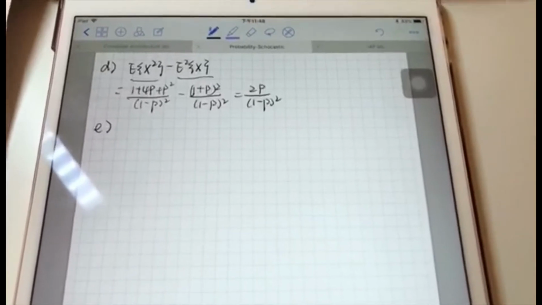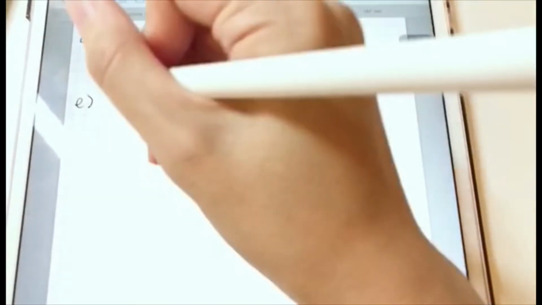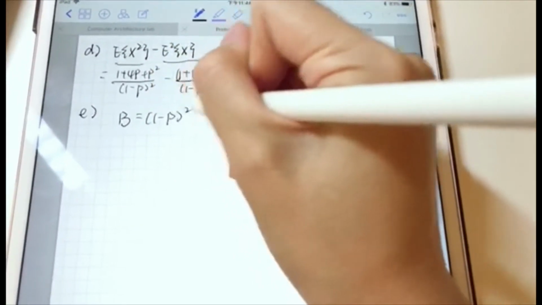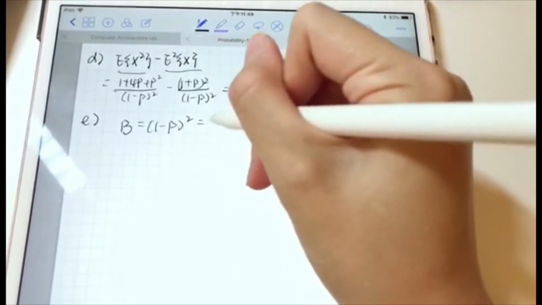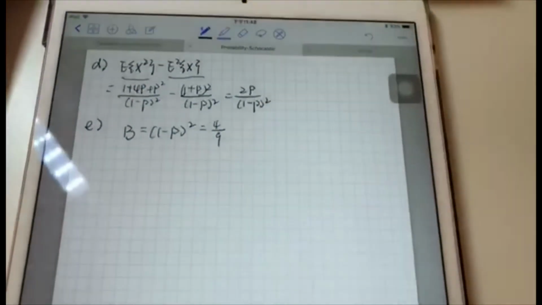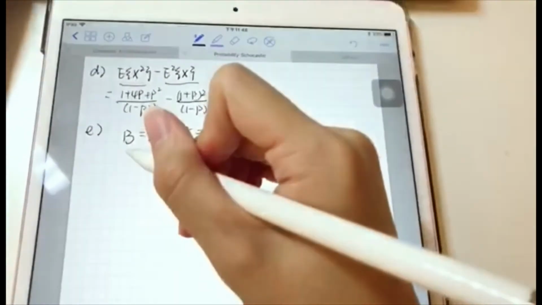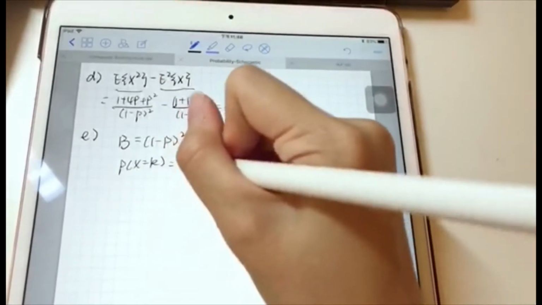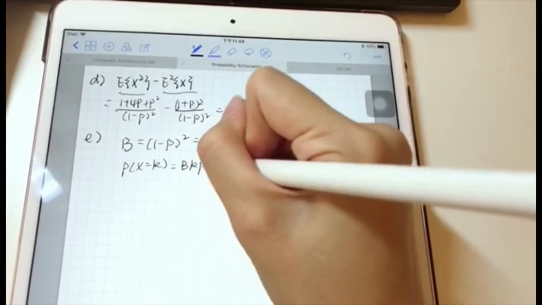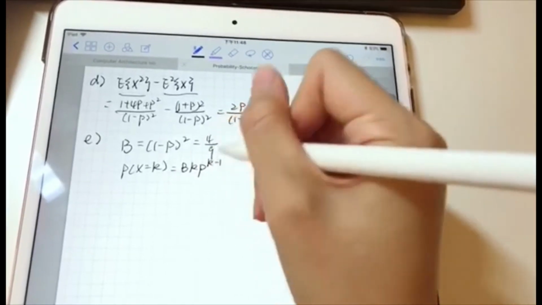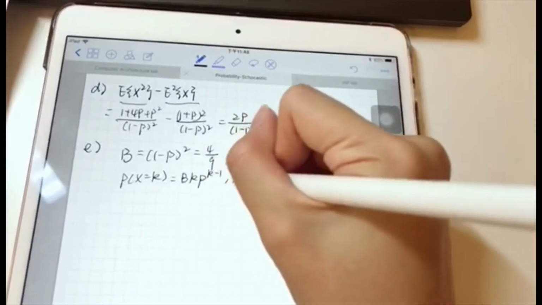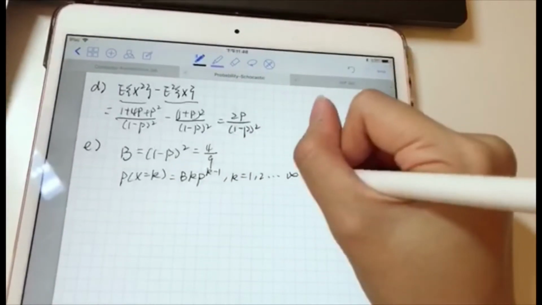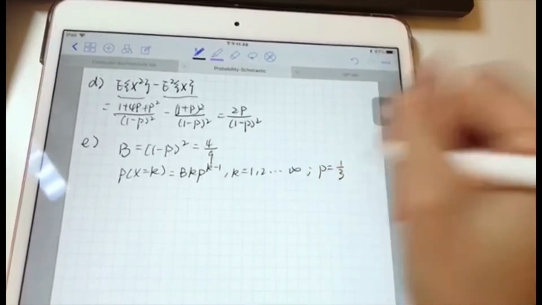So we can get the condition that b equals 1 minus p squared, which equals 4 divided by 9. And also P(X = k) equals b k p to the power k minus 1, with k from 1 to infinity, and p equals 1/3.